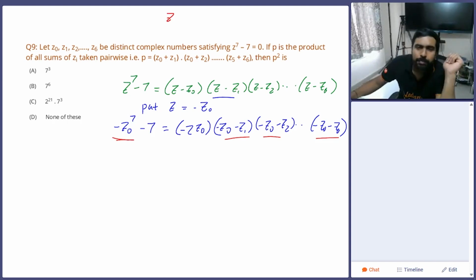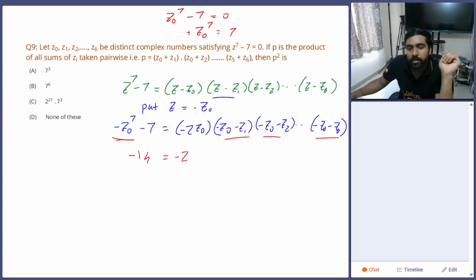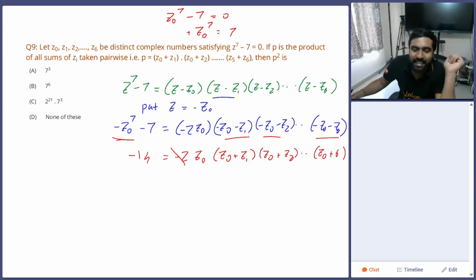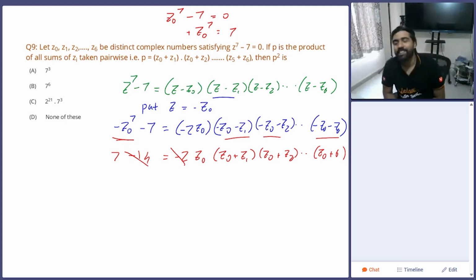Now z0 power 7 is the root of this expression, so can I say that z0 power 7 equals 1, so minus z0 power 7 will be minus 1. So I have minus 2 equals minus 2 into (z0 plus z1)(z0 plus z2) till (z0 plus z6). And I can cancel the two of them.